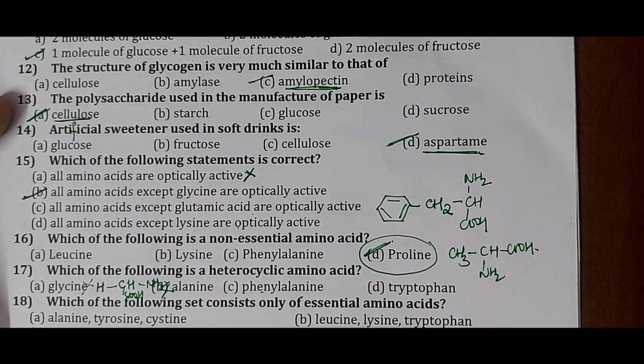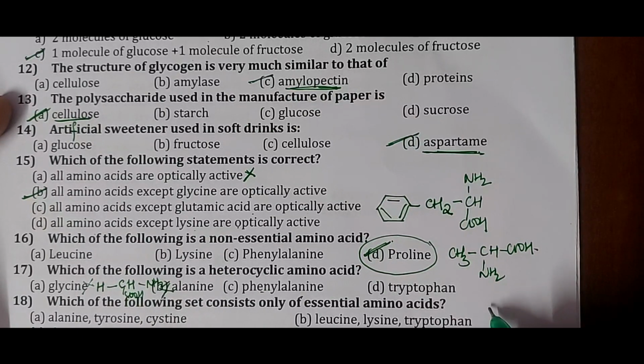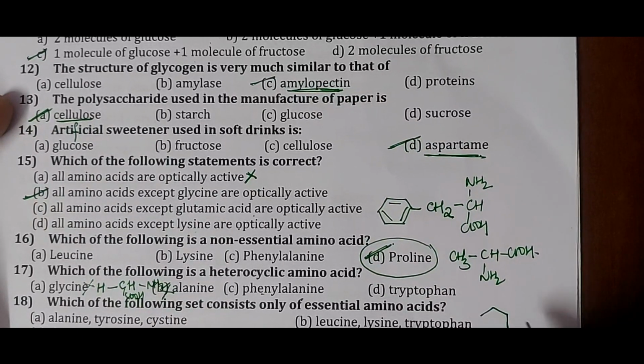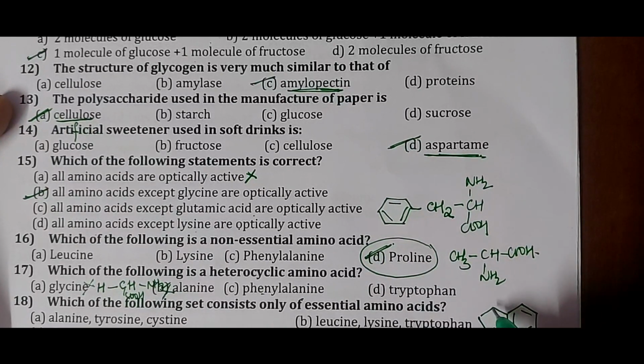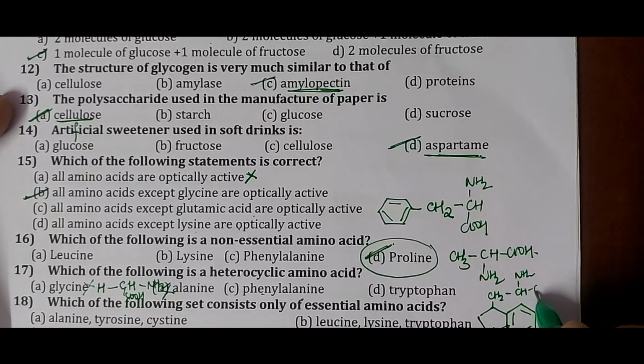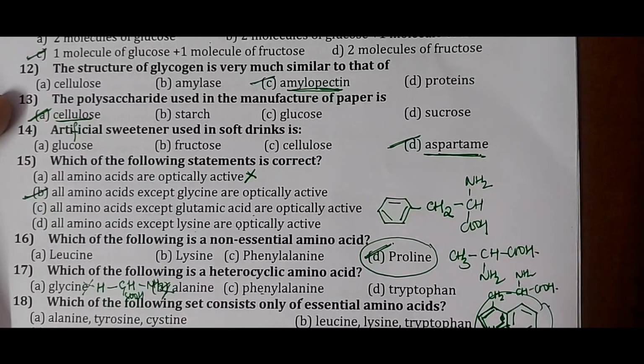And finally, when we consider tryptophan, we can represent its structure. Here N is present in a ring, hence this becomes a heterocyclic amino acid.